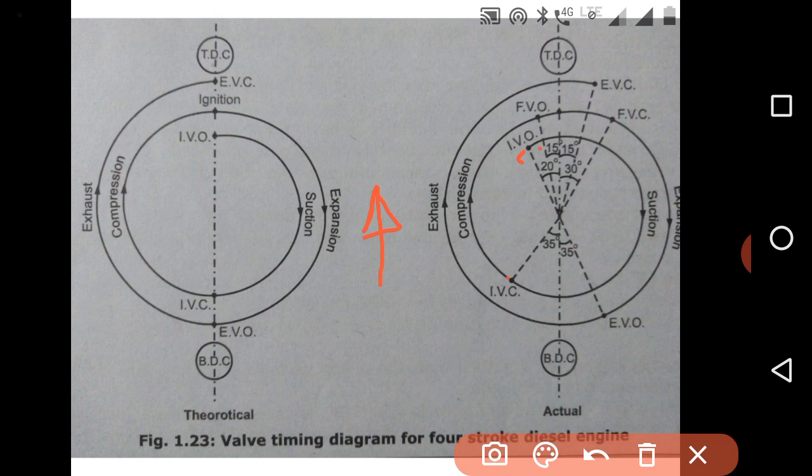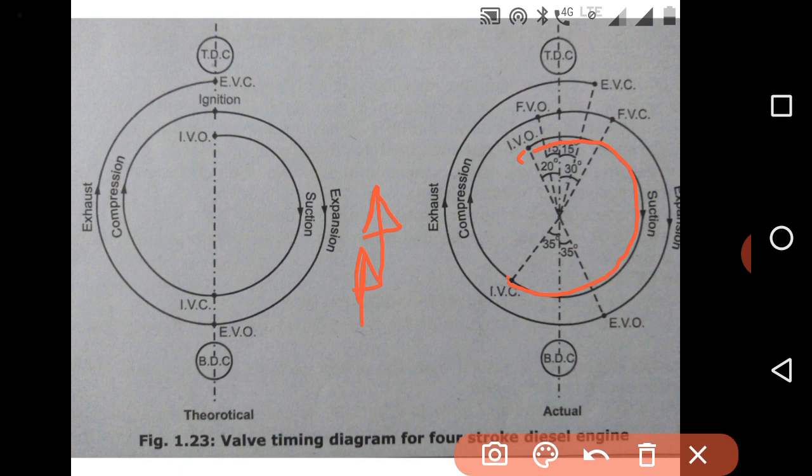So what we did is increase the duration for which the valve remains open, so that we can increase the volume of suction charge inside the cylinder.